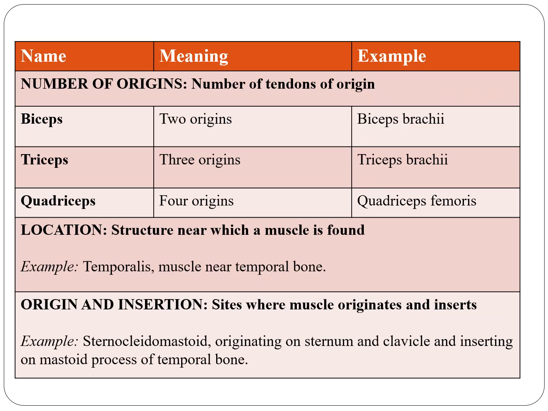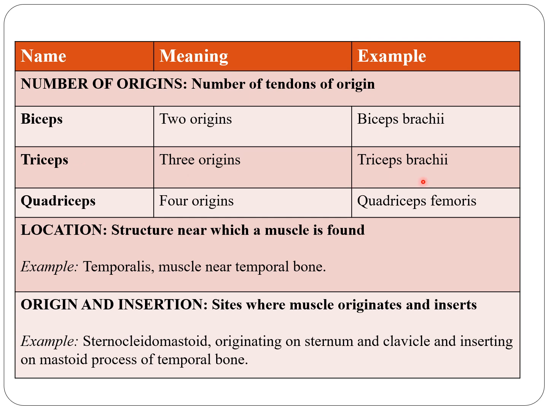Now, coming to the naming of the muscle based on the number of origins, that is, the number of tendons of origin. Biceps indicates 2 origins. Bi means 2. Example of the muscle is biceps brachii. Triceps indicates 3 origins.